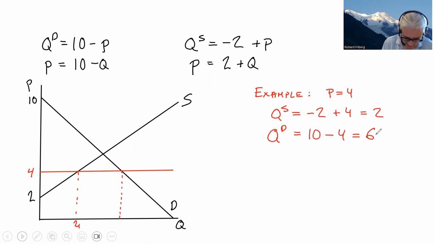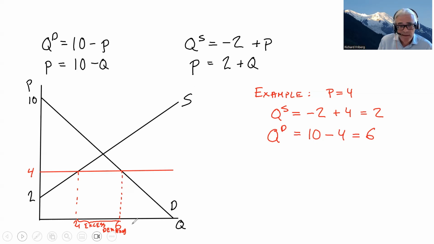So that's 6 boxes of strawberries. Okay, so 6 units are demanded, only 2 are supplied. The difference between these is what we call an excess demand. So there's excess demand of 4 units here. 6 minus 2 equals 4.